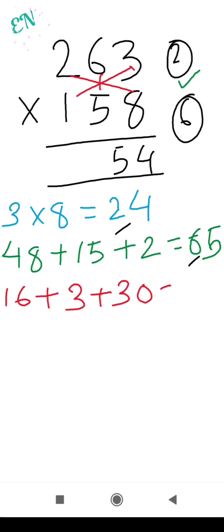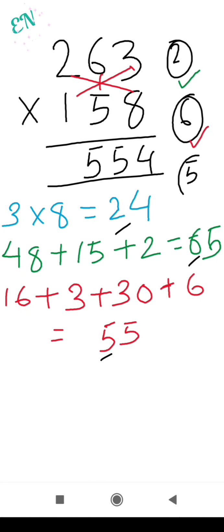Then add the carry also. So we'll get the answer as 55. So 5 at the ones place we write in the answer, and at the tens place we will keep aside as carry.